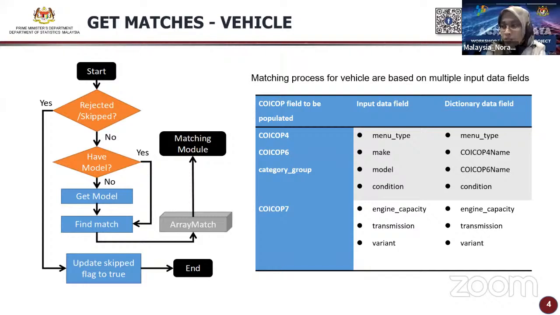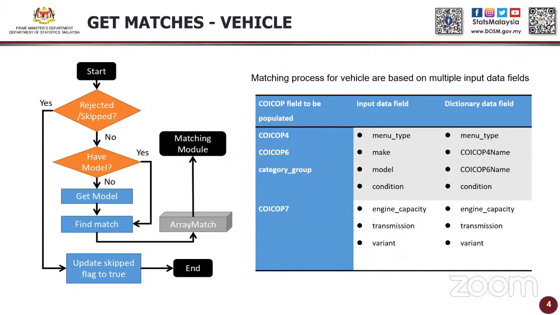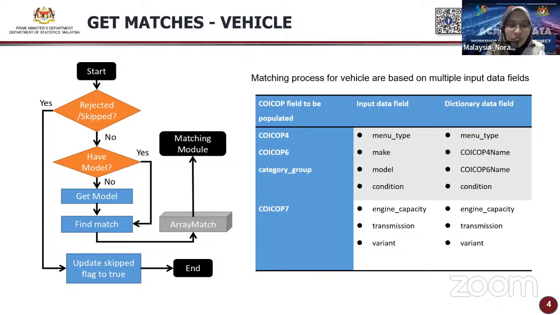As you can see from the slide, this is how we get the matches for vehicle. This is the flow where it starts with the input data being fetched and ready to be processed, and then next, rejected or skipped will filter out data that does not need to be processed, and then get model.